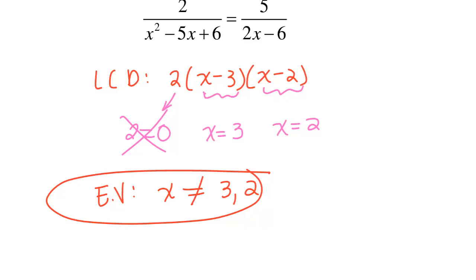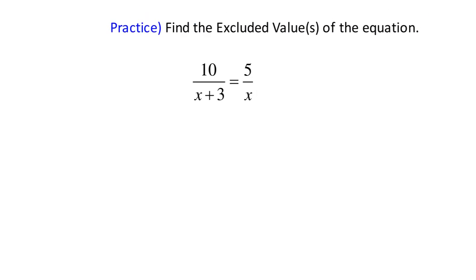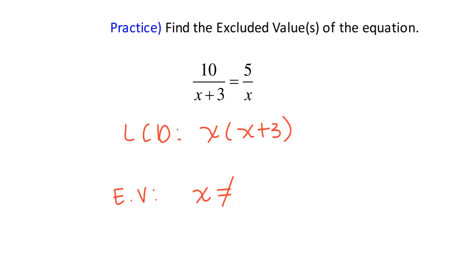All right. So back to the practice problem. You already have the LCD. LCD was x plus 3. So now go ahead and find the excluded values. X cannot equal what?